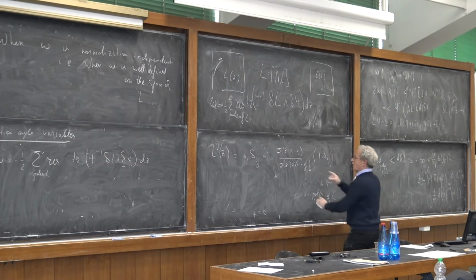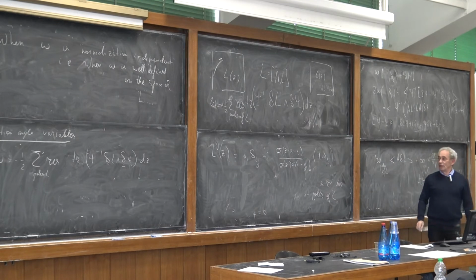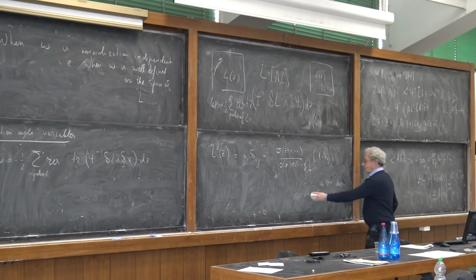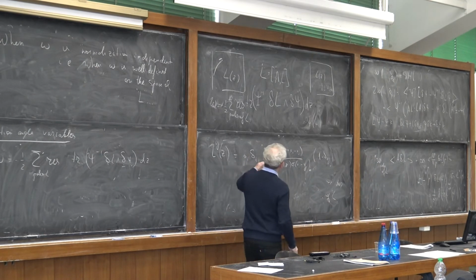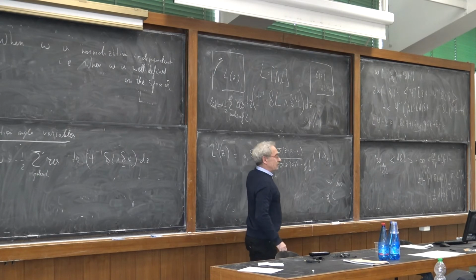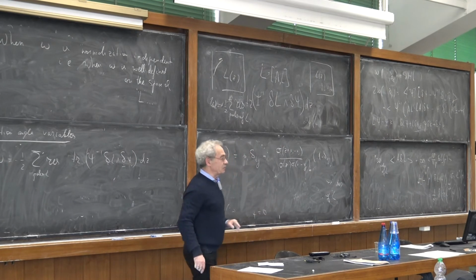So it's the off-diagonal terms of the Lax matrix. There is a simple modification of this formula for the spin case, but let's forget it.